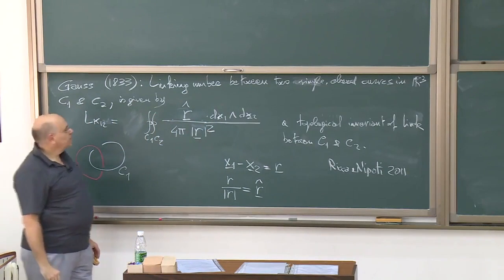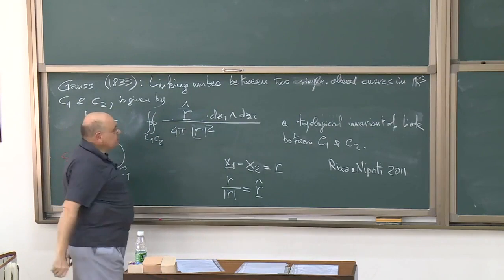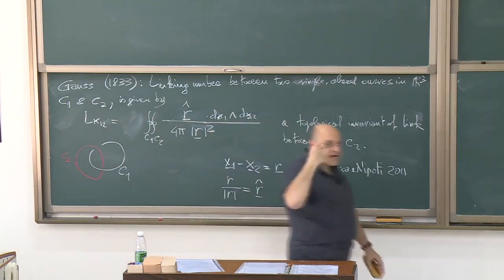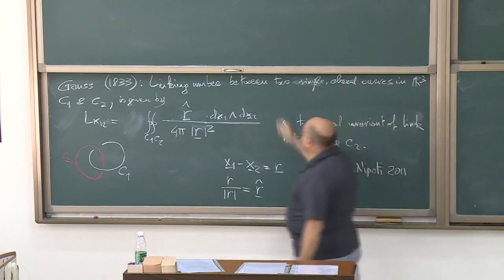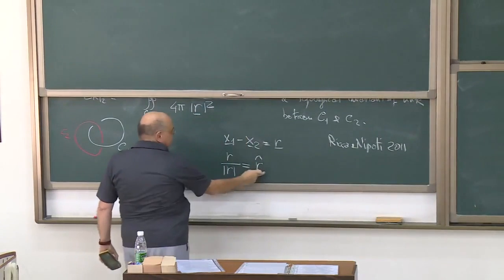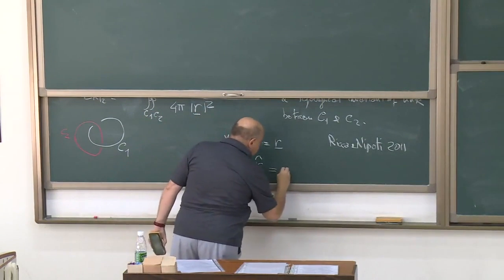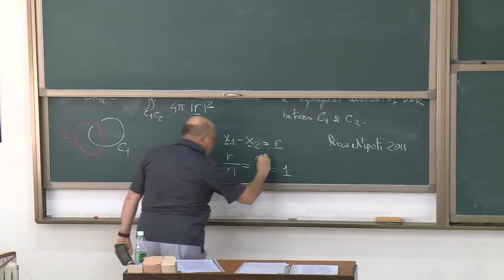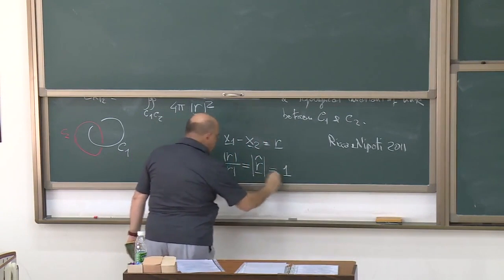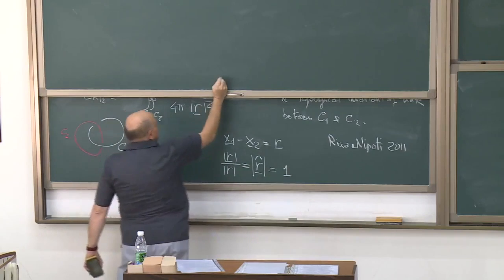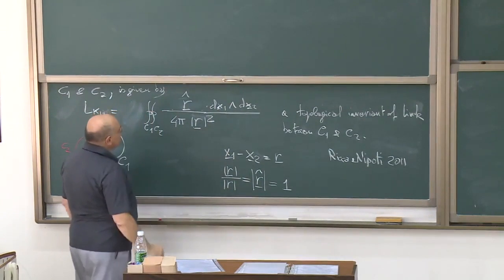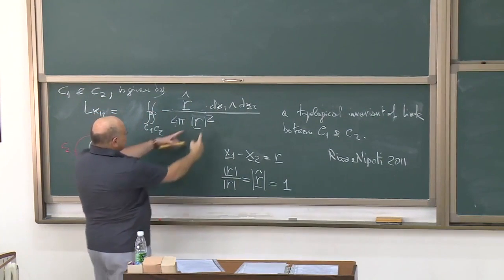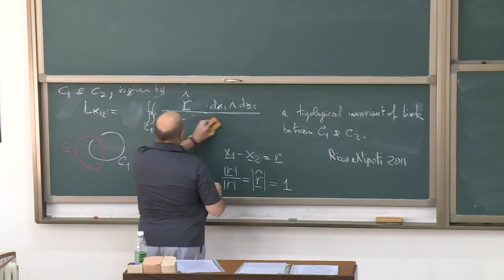Okay? Nothing changed. And then we do another little exercise, and we think that this one is a unit quantity. And if it is a unit quantity, this is just 4 pi.